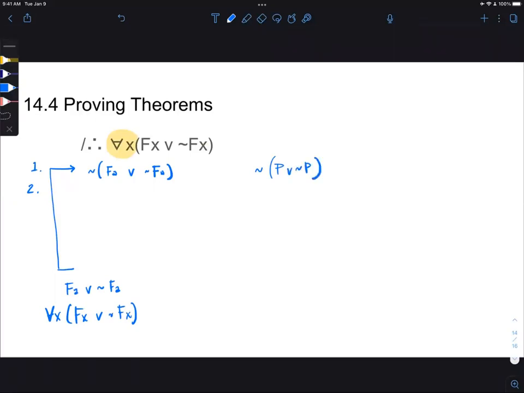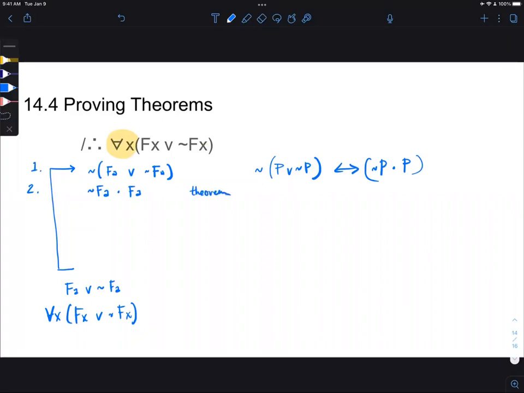We do know that this is logically equivalent to this. And so the book said we could basically do this and write that it's a theorem.